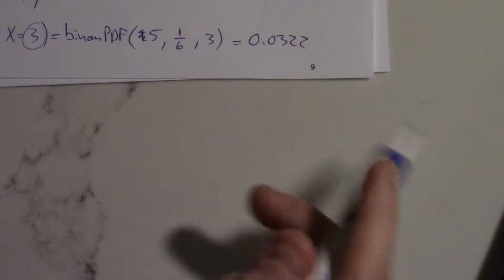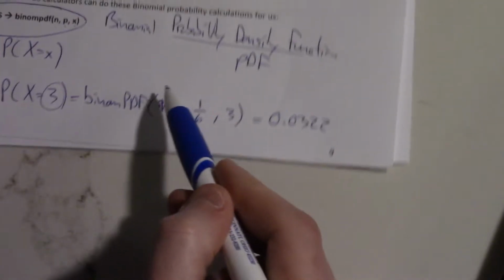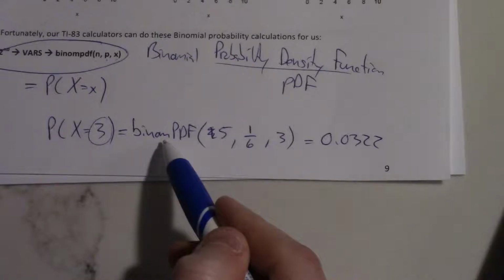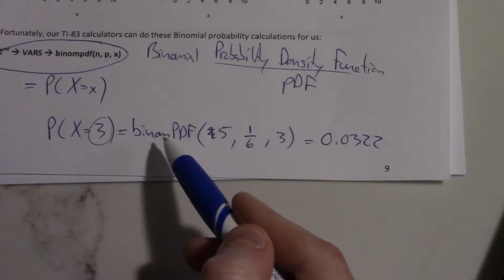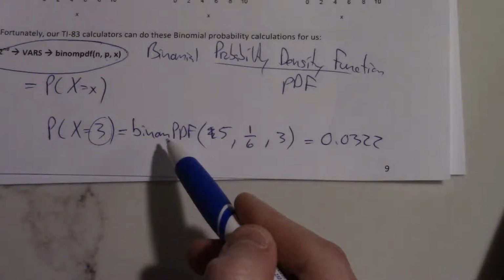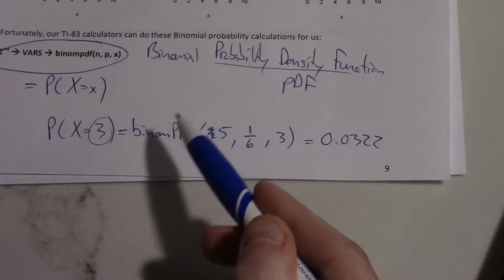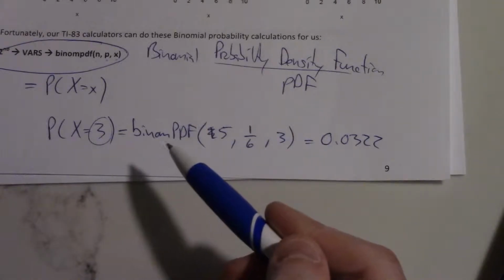Okay. So the calculator gets us to what we want, but we've made some assumptions before we use this function. First, there have to be exactly 2 outcomes that we are interested in. A success and a failure, which here was, did we roll a 5 or not? So we had 2 outcomes.